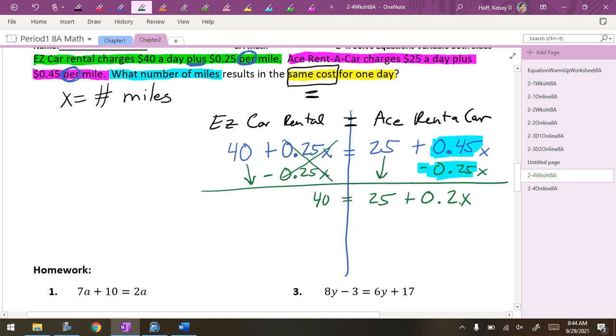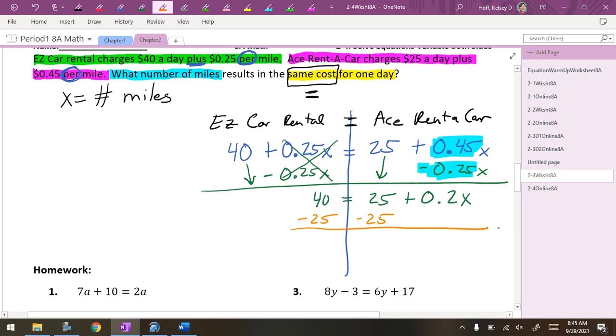Okay, rejoice. I now need to get 0.2x by itself. So if I cover this up, what am I going to do to get it alone? Divide. Nope, we don't divide to get it alone. Don't guess. Pay attention. I need to get this by itself. So I need to get rid of this. Subtract what? Very good. We're going to subtract 25 from both sides.